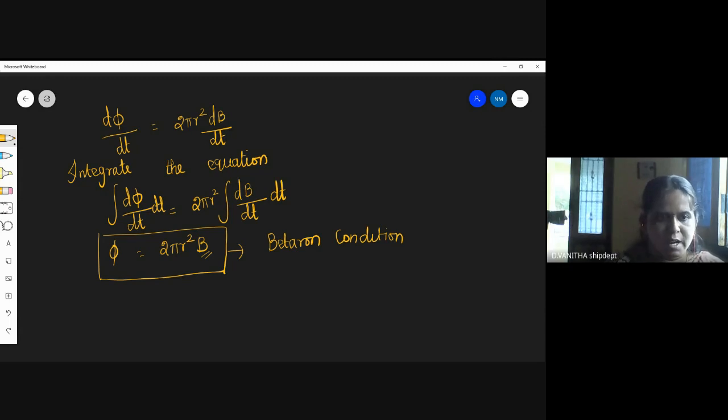Next is the energy stored by the electron. You have to calculate this.